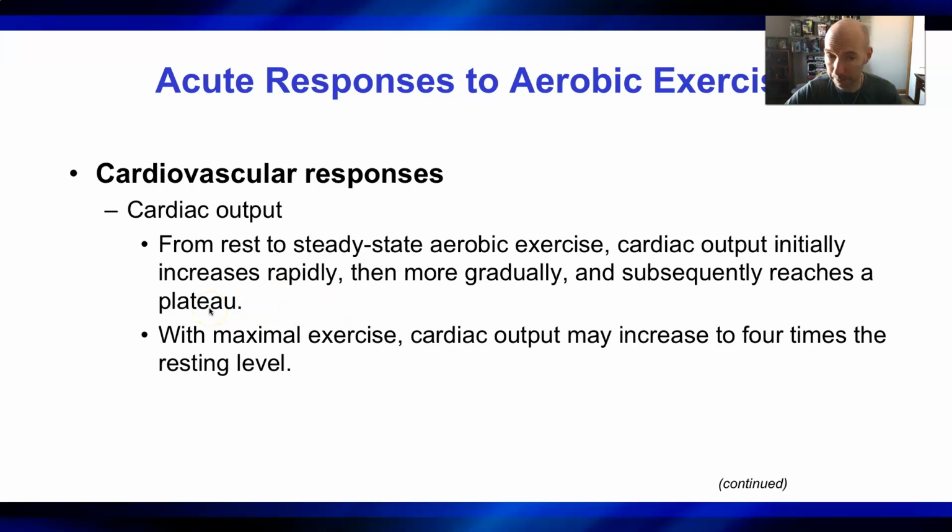And what that means is, even if we start exercising harder, our cardiac output is not going to increase anymore. It's going to kind of reach a ceiling, and then it's going to level off at that ceiling versus busting through the ceiling, okay? Now, as far as how much it can increase, you see here, the cardiac output may increase 4 to 5 times resting when we're exercising in a maximal capacity.